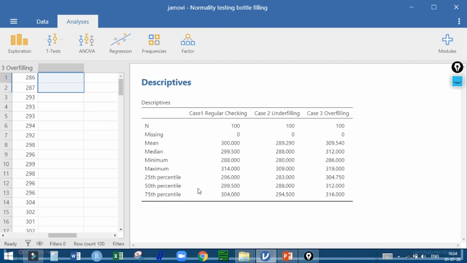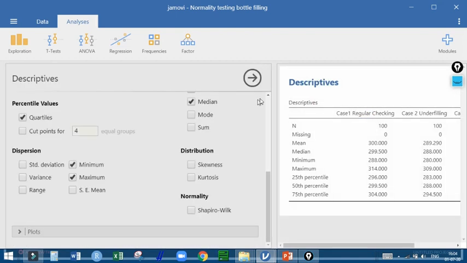You can also check quartiles Q1, Q2 and Q3. On the basis of these values, a box plot can be prepared, and we also have the option to draw a box plot in Jamovi.